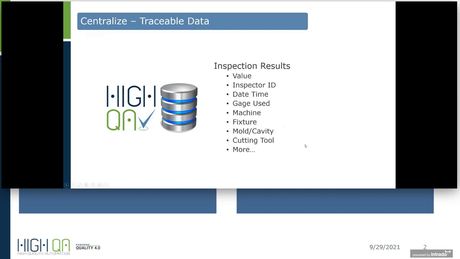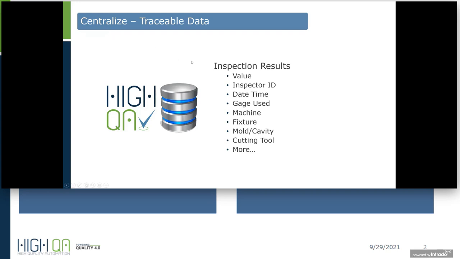So for inspection results that we're collecting in a digital format, we want to know the measured values, the inspector ID, the date, time, and then the asset information, right? We want to know the gauge that was used, the machine, the fixtures, the molds, the cavities, the cutting tools. All that data is highly traceable if you can get it into a centralized format. Digitized, then centralized.